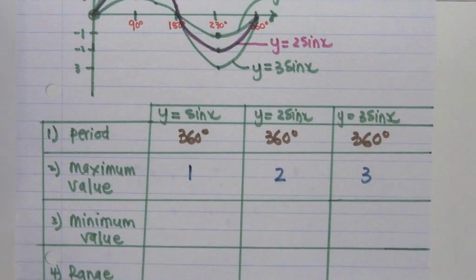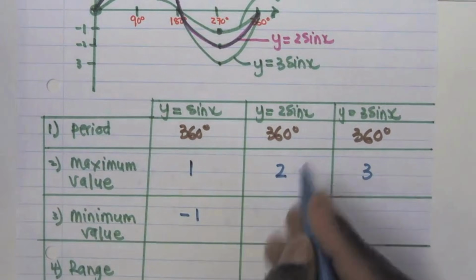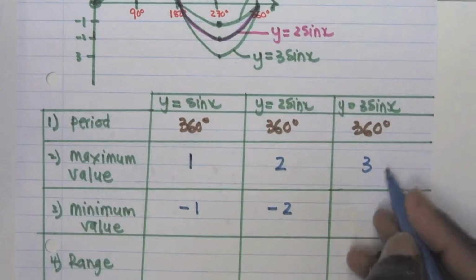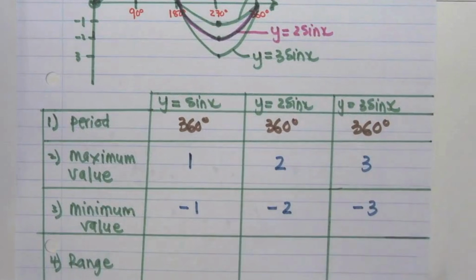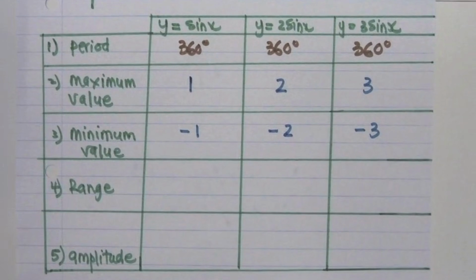I can also use my graph to find the minimum values. Always check. The first one, the minimum is -1, and then the second one, the minimum is -2, and then the last one, the minimum value is -3. I can now use these values to write down the range for each graph.